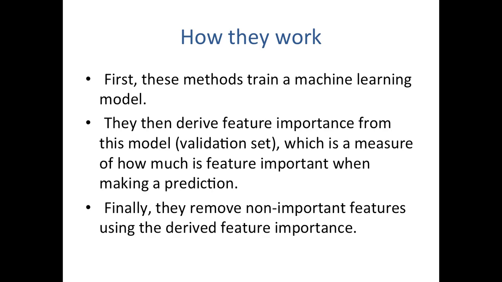But that all happens as we are training the model. There's no testing set involved, right? And so the method itself, as it's training, is identifying the features that are non-important and removing them from the development of the model.